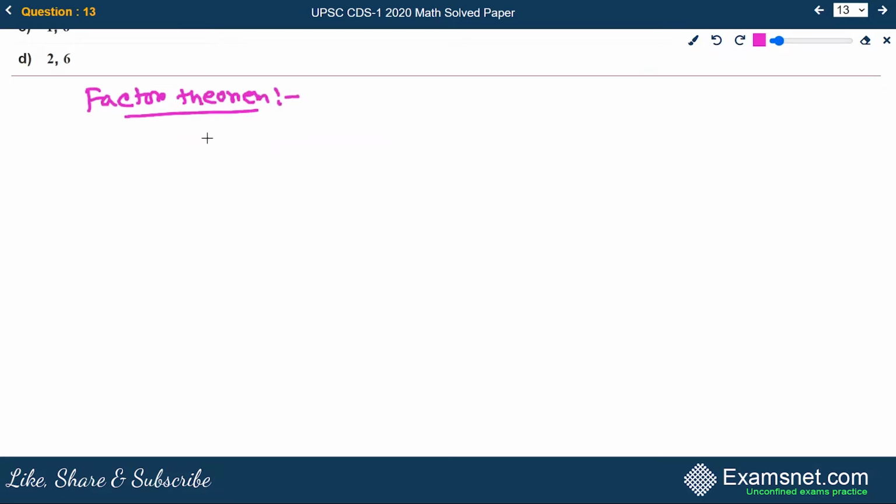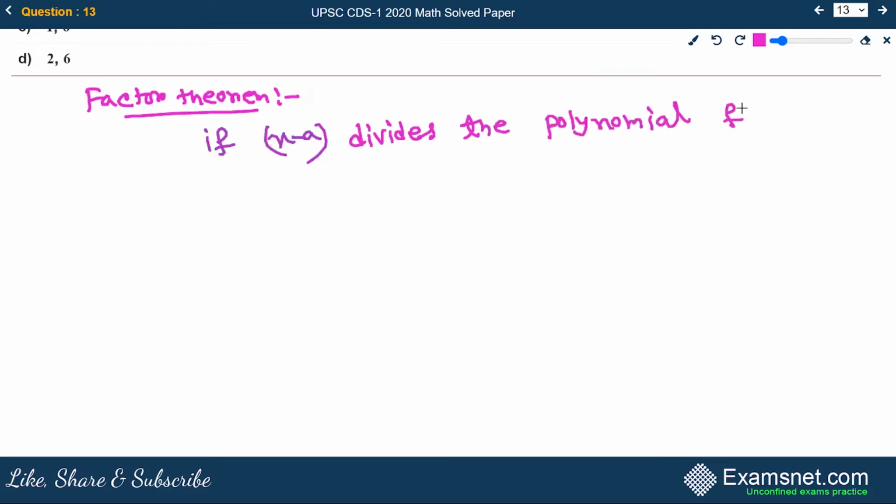According to factor theorem, if x minus a divides the polynomial f of x, then the remainder will be f of a, and that will be 0.